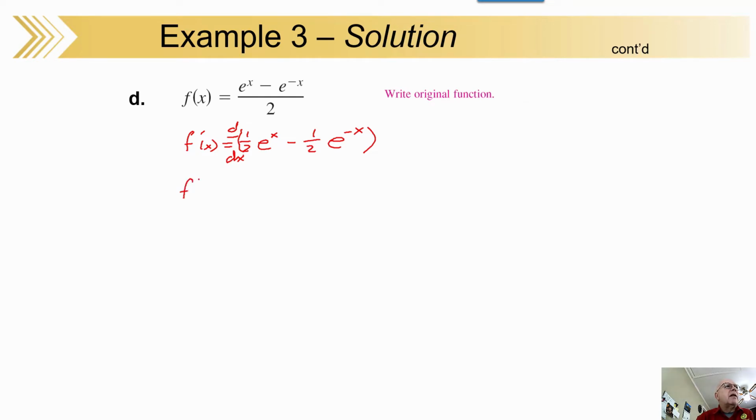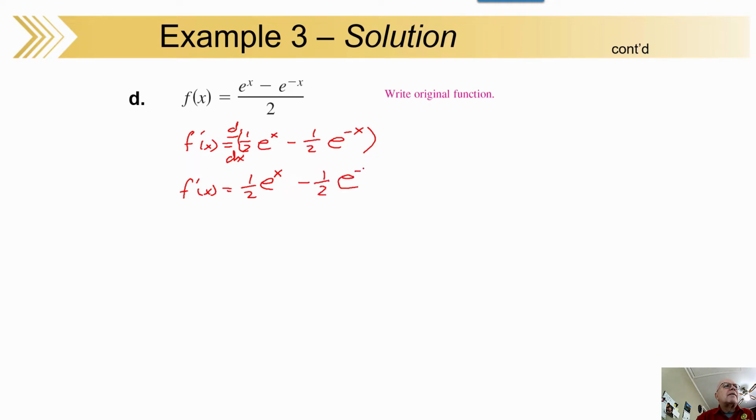Okay, let's get down to business. On the first one, this is a constant, so leave that out front. And the derivative of this is e to the x. Over here, we've got a constant out front.